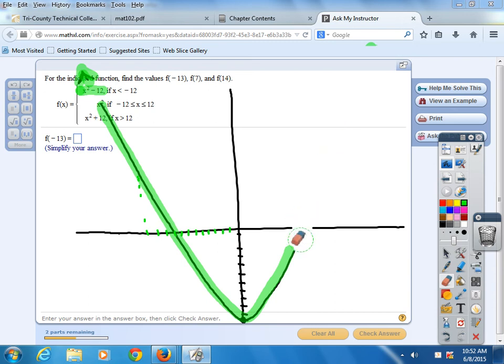Why? Because we're only interested in x less than negative 12. And what kind of circle do we put if x is equal to negative 12? Open circle. So that is this right here.